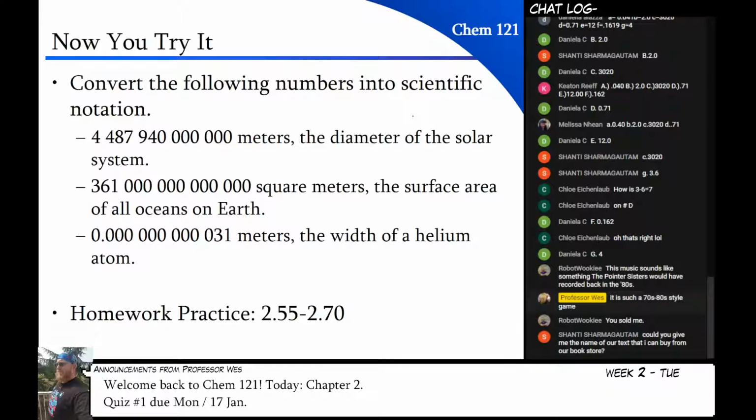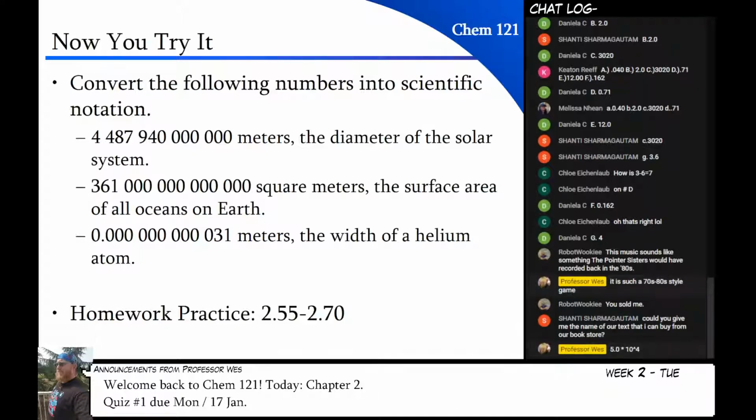So, for example, if you wanted to type 5.0 times 10 to the 4, I typed 5 on accident, you could do something like that to indicate your answer, but I'll letter these out. So here we got A, B, and C. Go ahead and type the answers to these in scientific notation in the chat, and we'll go over the answers in just a moment.